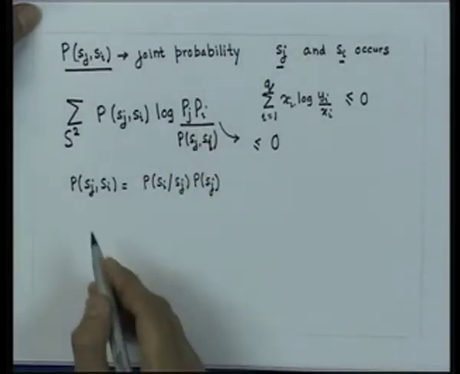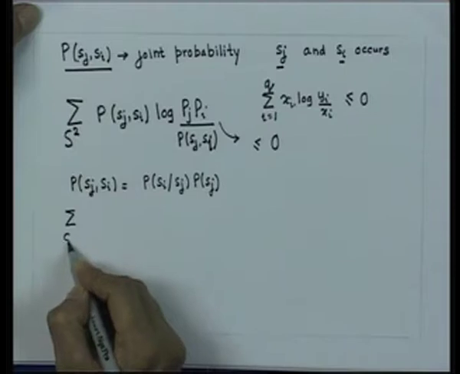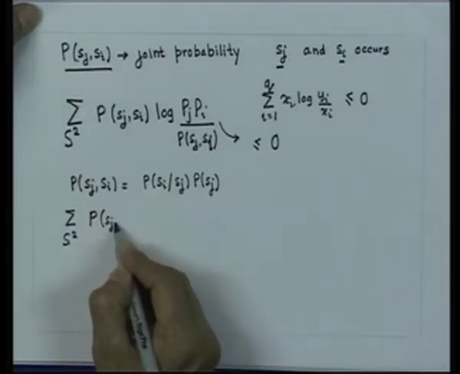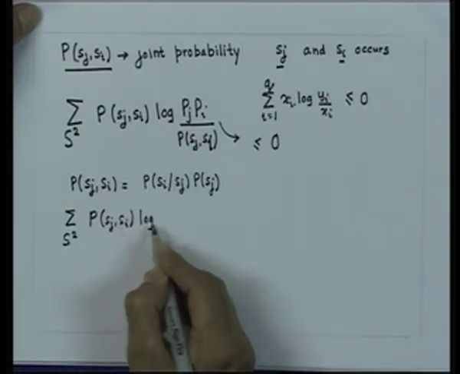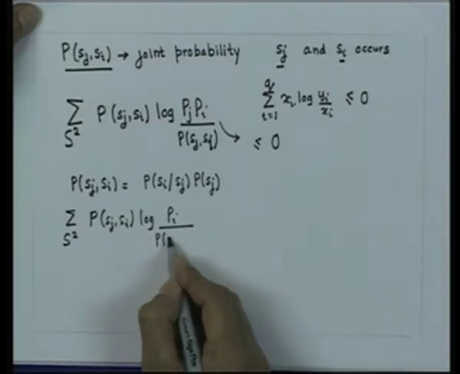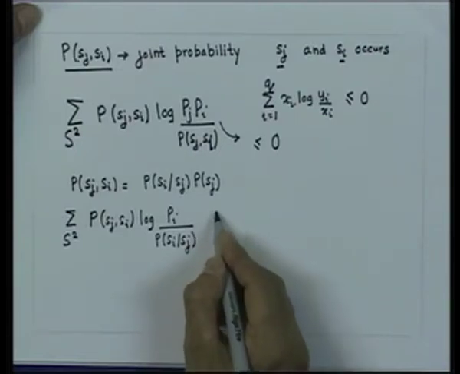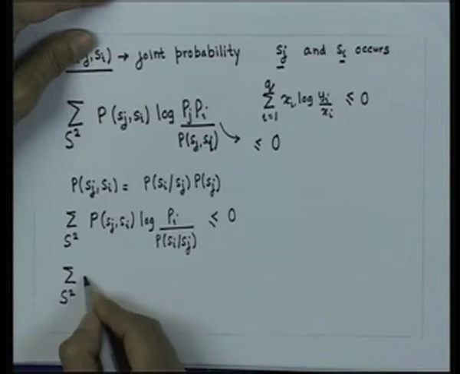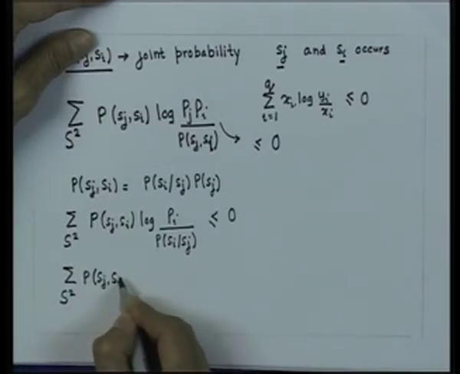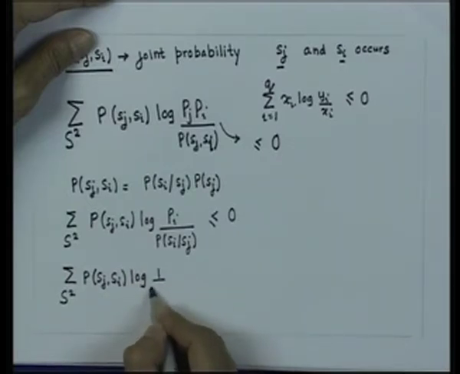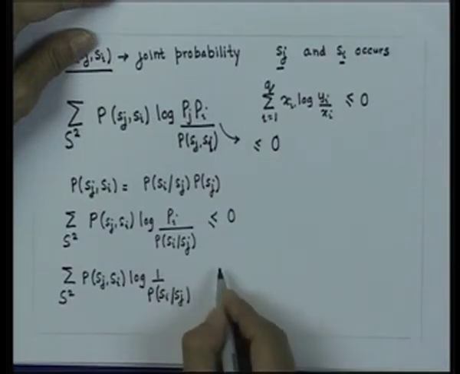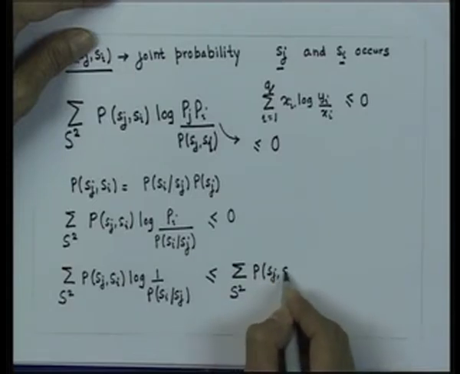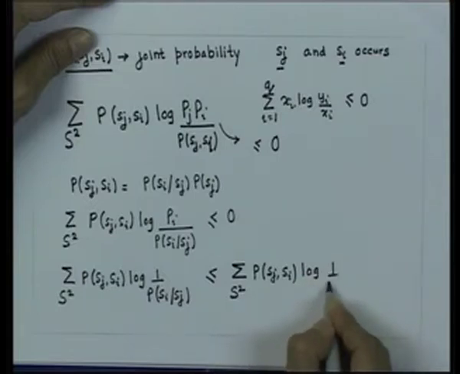If you plug this expression into this, then I can write it as the sum of P(Sj Si) log of Pi over the probability of Si given Sj is less than or equal to 0, which I can further simplify as the probability of Sj Si log of 1 by the probability of Si given Sj will be less than or equal to the probability of Sj Si log of 1 by Pi.